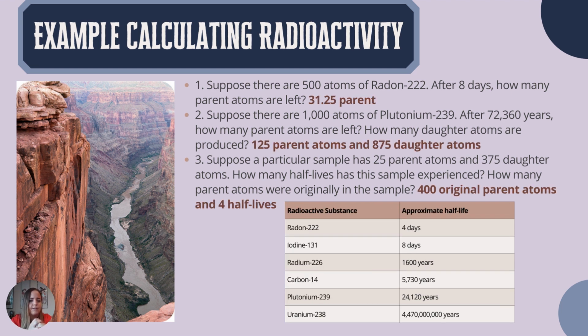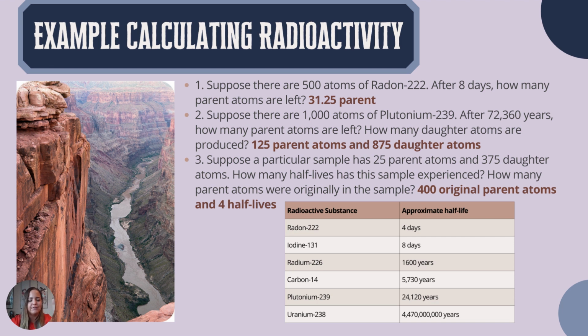So suppose you have 500 atoms of radon-222. After 8 days, how many parent atoms are left? Radon-222 has a half-life of 4 days. So if there's 4 days for a half-life and it's gone through 8 days, it's gone through 2 half-lives, and I have the wrong answer here, so make sure you're listening.